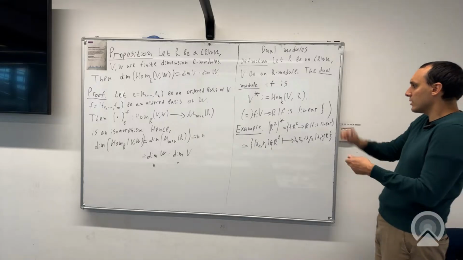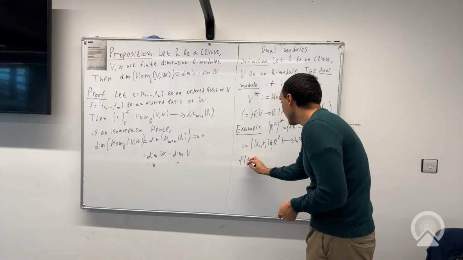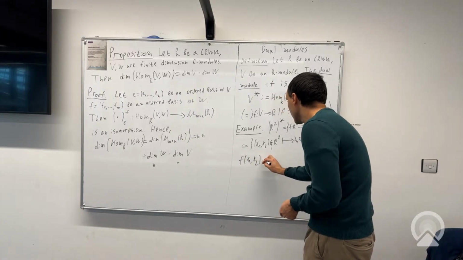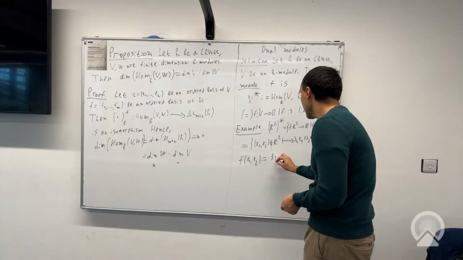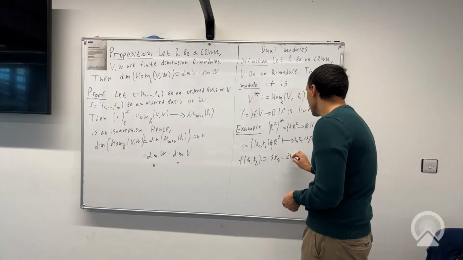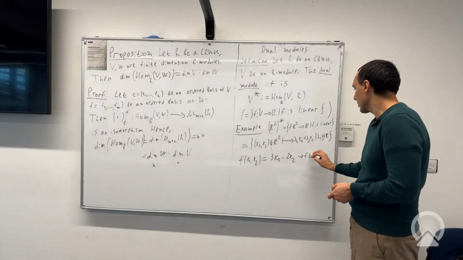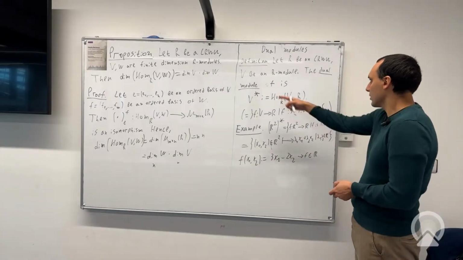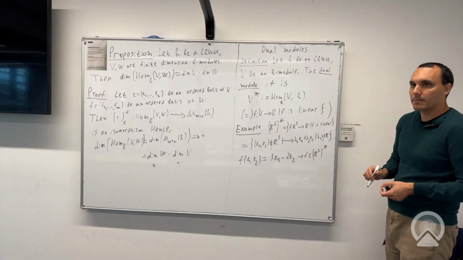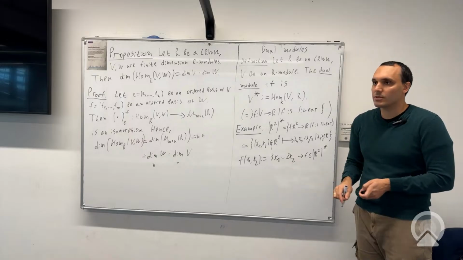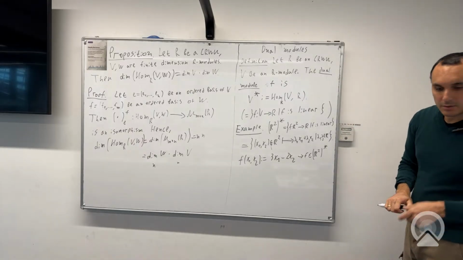No. I mean just for instance, the function f of x1, x2, if it's given by 3 times x1 minus 2 times x2, for example, and therefore f is a linear function on the plane, and you can vary these coefficients and you get different functions. Okay.